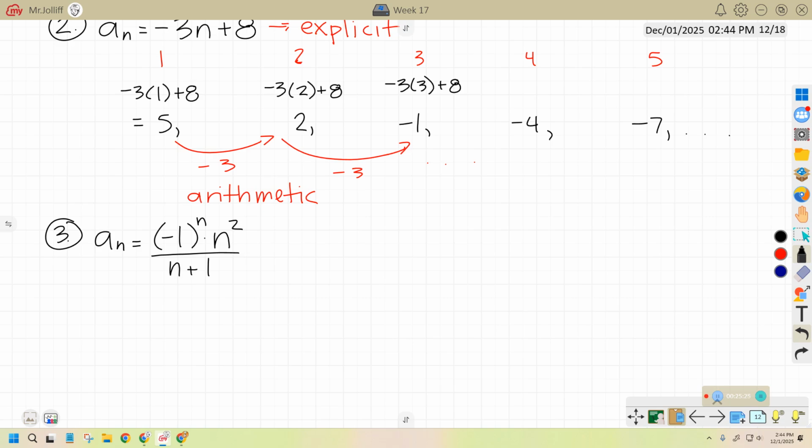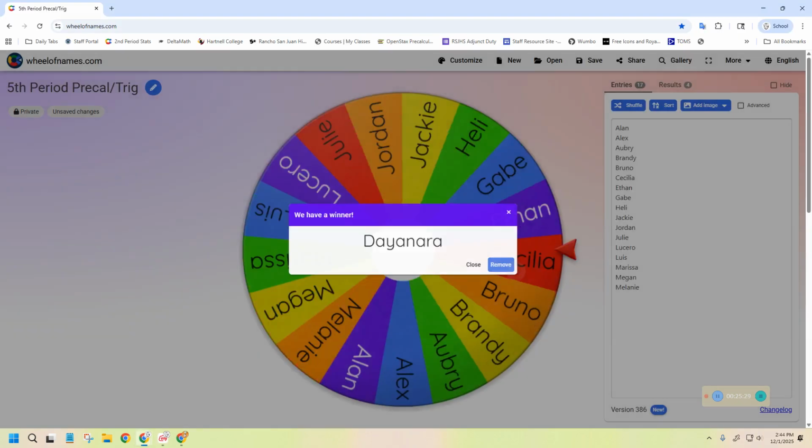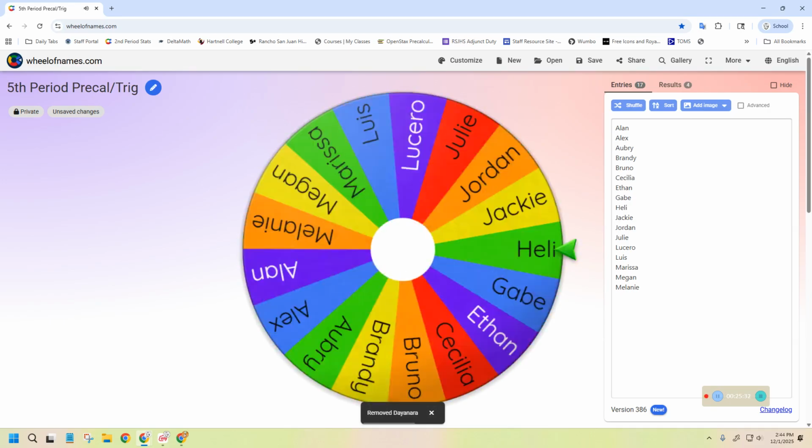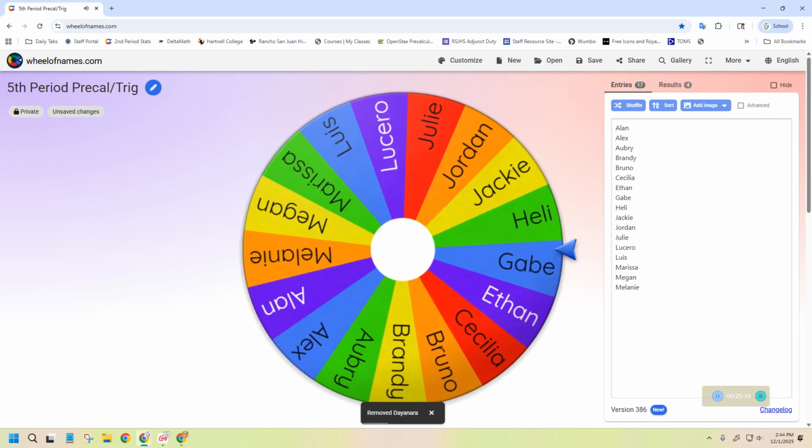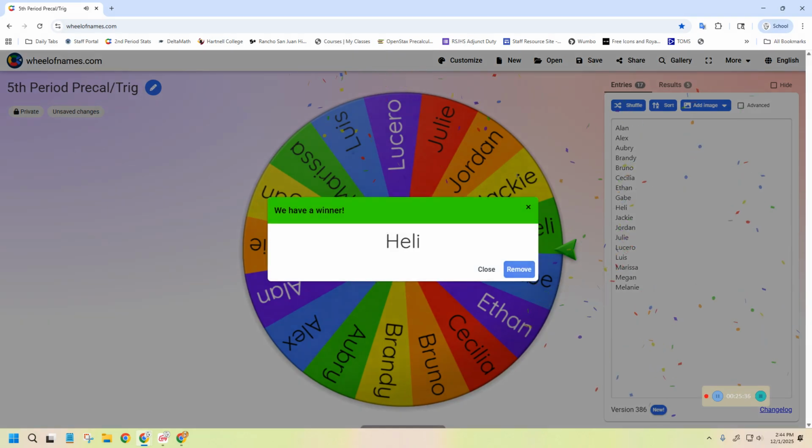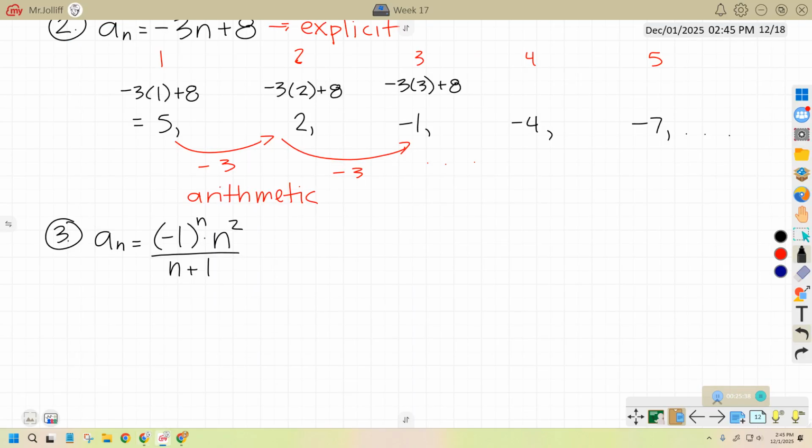Okay, so who can I pick on? Ellie. Ellie, is that formula for number 3 recursive or explicit?